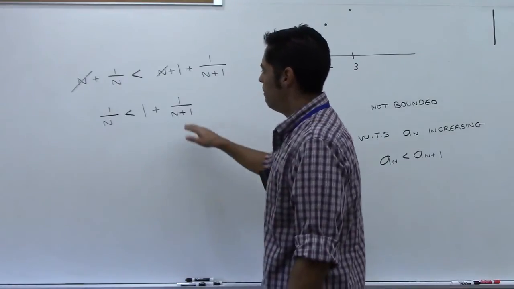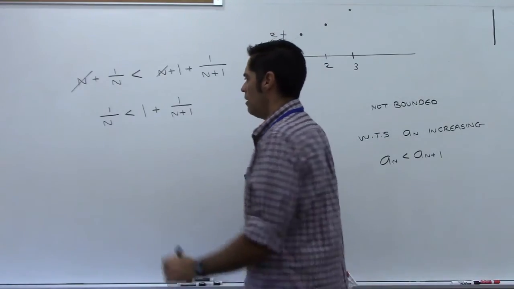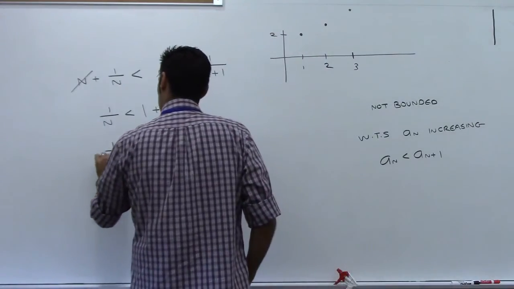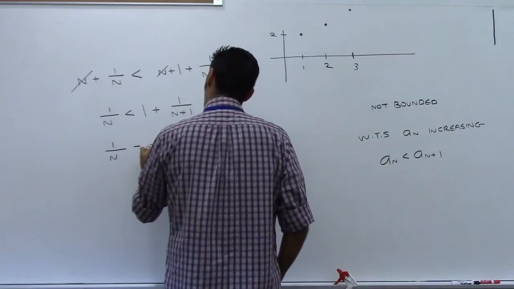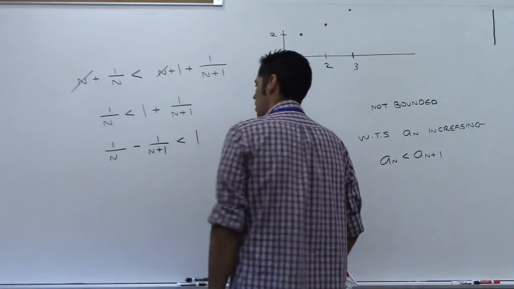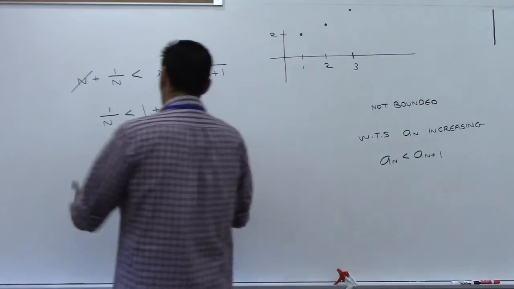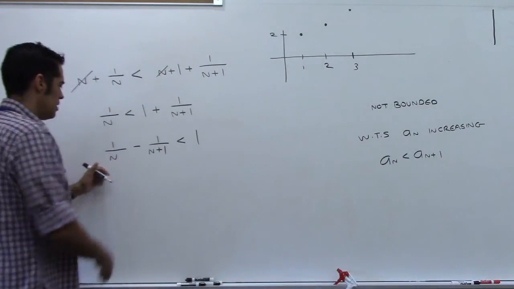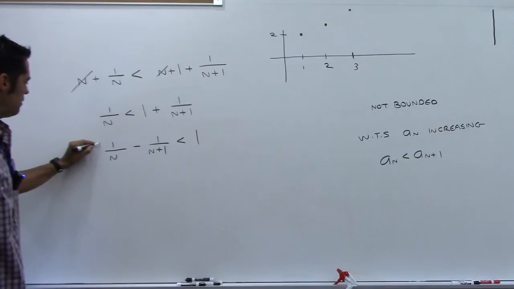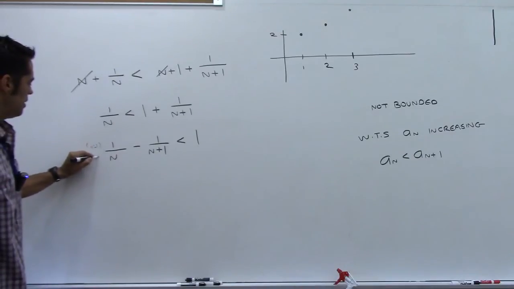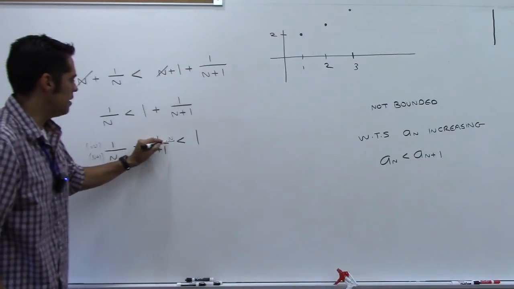Why don't we move this to the other side? 1 over n minus 1 over n plus 1 less than 1. Is that true? Well, let's get a common denominator between these two. So you have to do an n plus 1 here, n plus 1 here, and an n here and an n here.